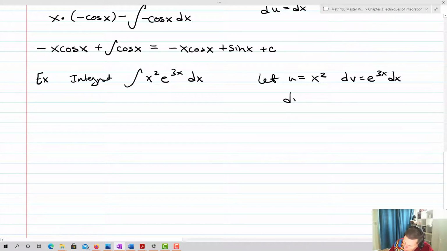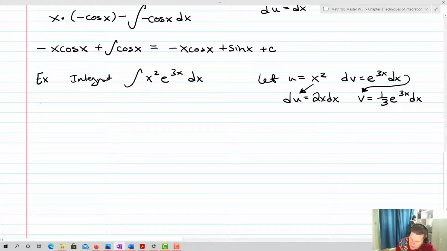So du is going to then equal, we'll take the derivative, 2x dx. And v will equal 1/3 e to the 3x. All right, so we just took the integral of dv to get v, and we took the derivative of u to get du. Now I'm just going to plug it back in.